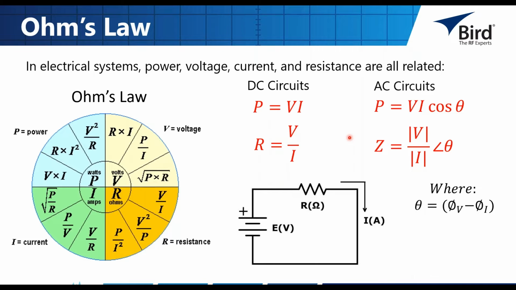Now in AC circuits, we're going to be looking at the cosine of theta, which is the phase angle between the voltage and current. When calculating impedance here, we're looking into the complex portions.